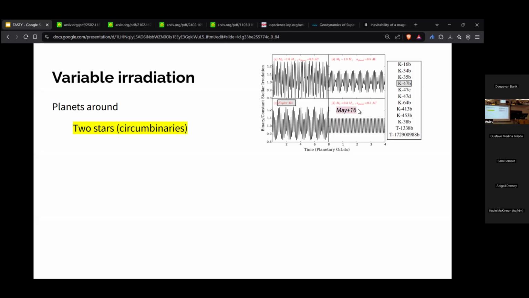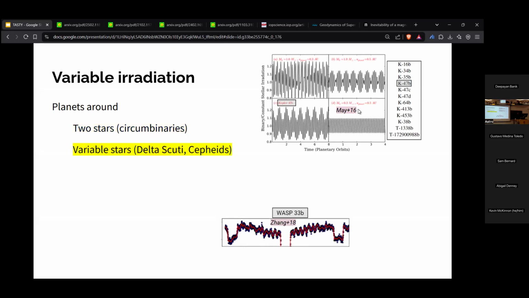Then you have variable stars. For example, WASP-33b is a hot Jupiter around WASP-33, a Delta Scuti star, which is variable. You can see the transit and secondary eclipses over here.